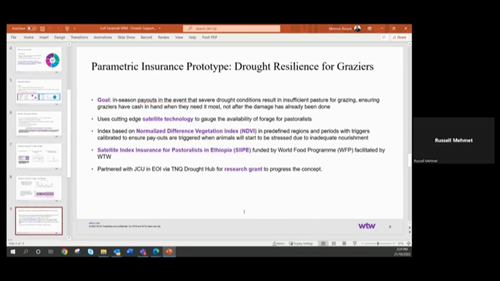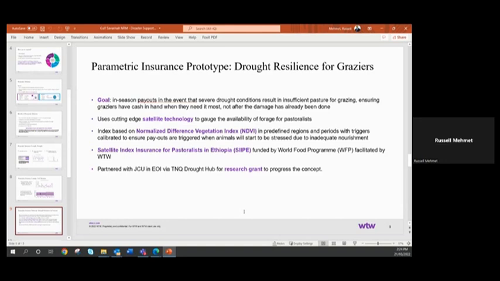The goal is in-season payouts in the event that severe drought conditions result in insufficient pasture for grazing, ensuring graziers have cash in hand when they need it most, not after the damage has already been done. So using cutting-edge satellite technology to gauge the availability of forage for pastoralists is how it's done.